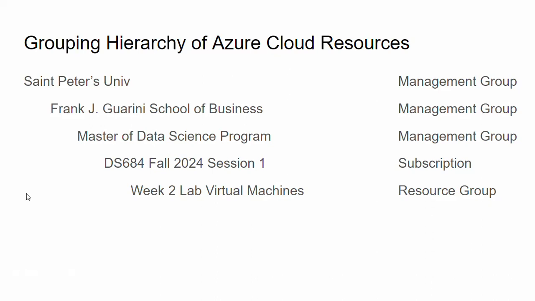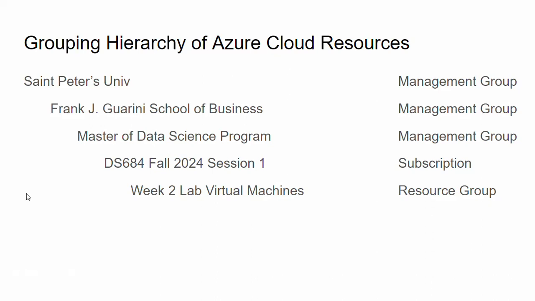The purpose is to teach you how to create and manage virtual machines. So all the virtual machines will be created at about the same time and will be deleted after we finish this virtual machine class. So they can naturally go to the same resource group, share the same life cycle, be created together, and get dropped at about the same time.